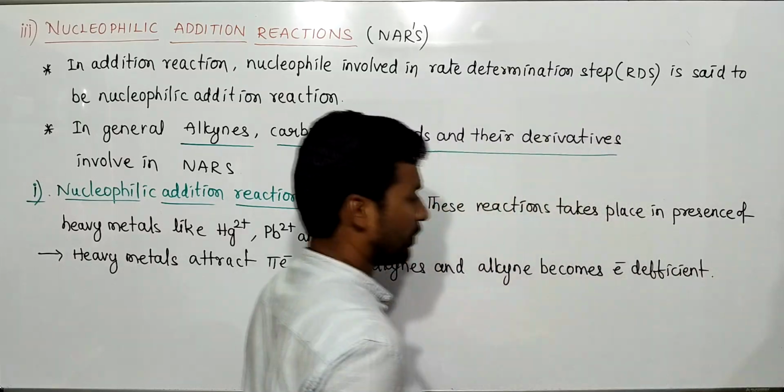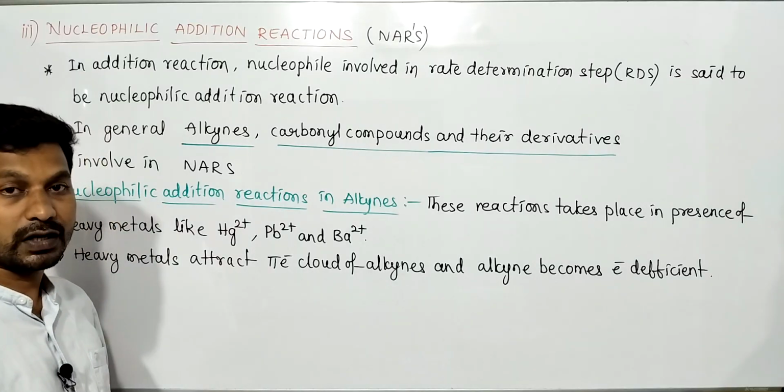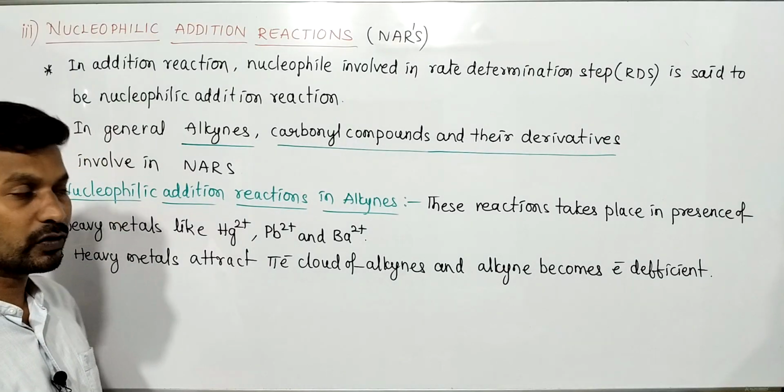To add a nucleophile, the alkyne should become electron deficient, and only then does the nucleophile add.